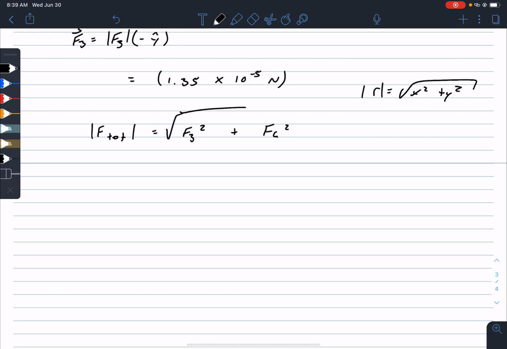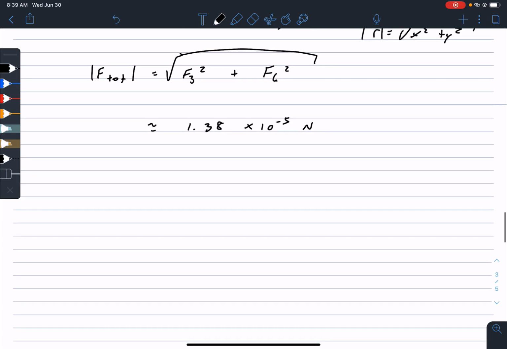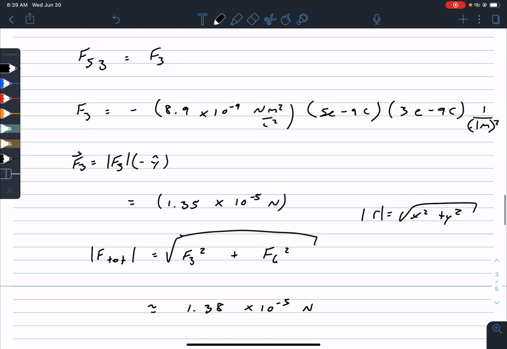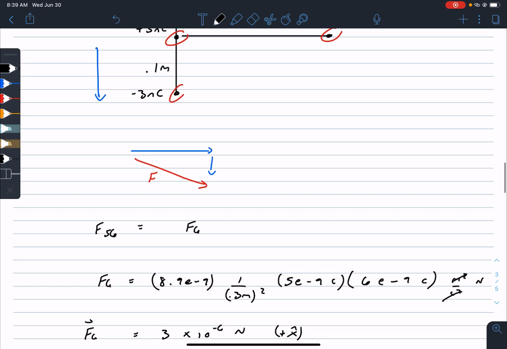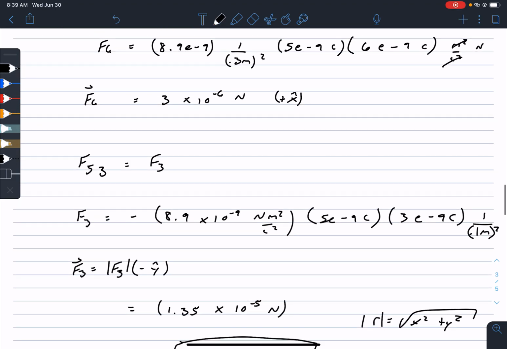This is going to give us approximately 1.38 times 10 to the negative 5 newtons. We had two forces, one going in the x direction and one in the y direction, so we called these x and y the components of our total vector.